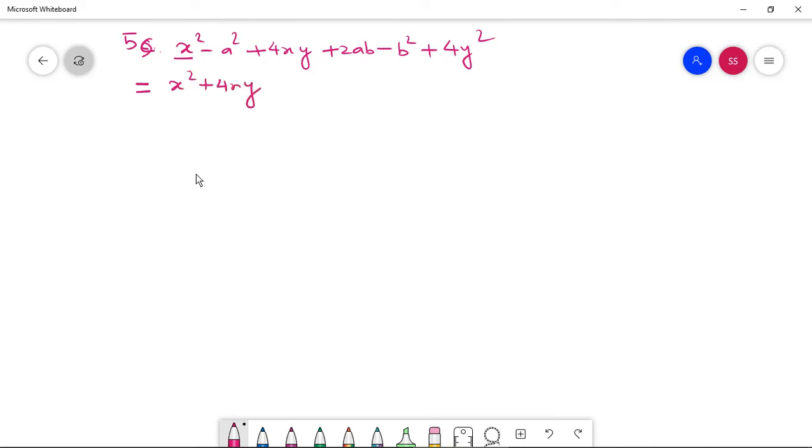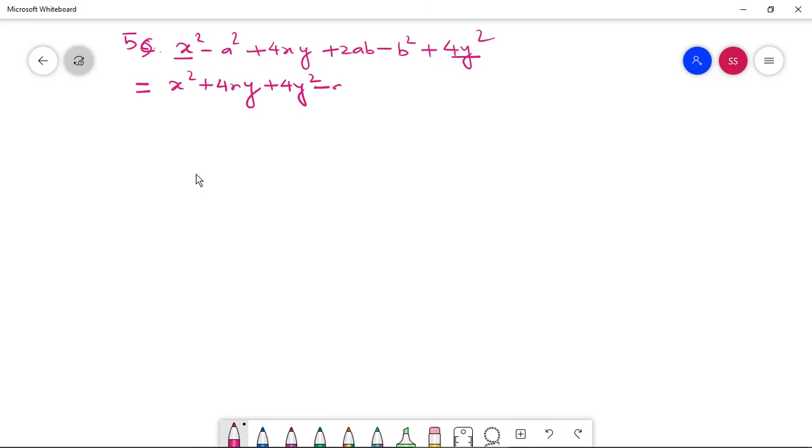And I have taken minus common: a square minus 2ab plus b square. How interesting, no need to make any terms, we just arrange. So this is the perfect form: x plus 2y whole square minus a minus b whole square.